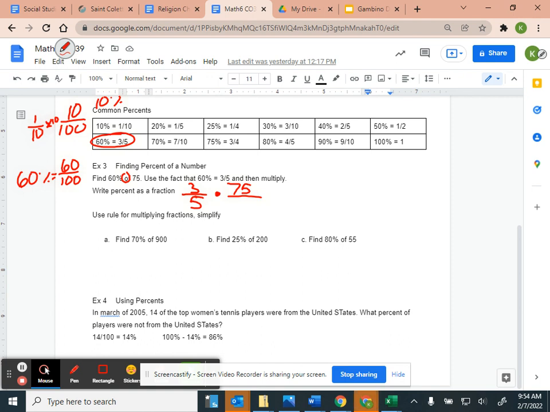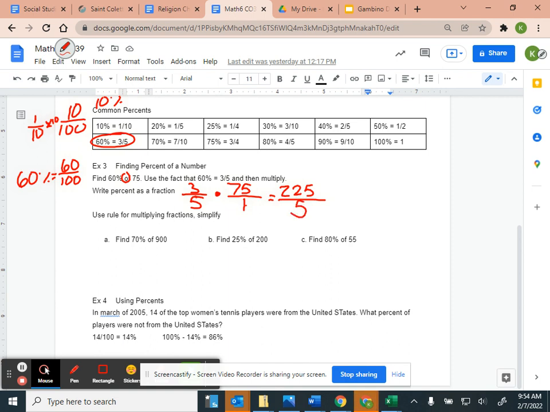When I'm multiplying a whole number by a fraction, what do I do to my whole number? Riel? Put a 1 under it. So 3 times 75. Who knows what 3 times 75 is? Do you have your calculators up? Gabby? 225. 5 times 1 is 5.